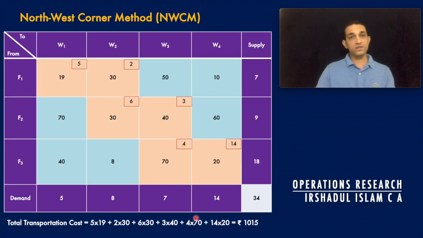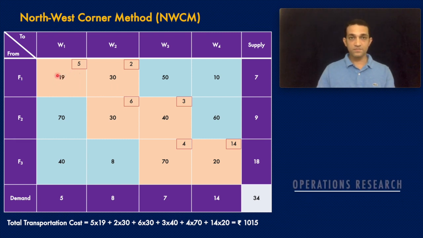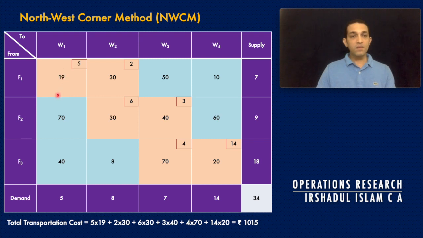So by looking into the transportation matrix, first step is we will focus on the northwest corner cell. This is the first cell. And by looking into the supply quantity and the demand quantity, we will allocate maximum in this cell. In this particular case, the factory can supply 7 products. At the same time, the first warehouse requires only 5 units.